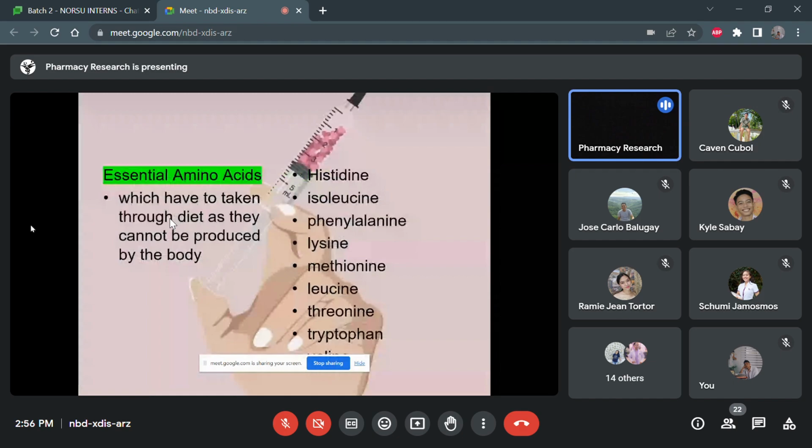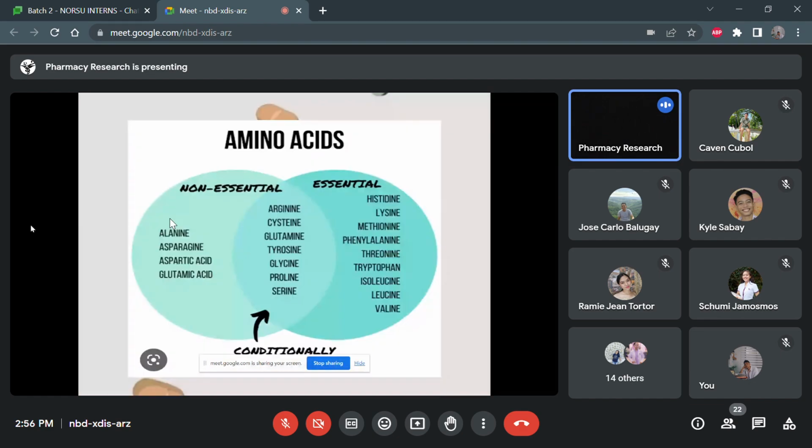Maghinay ra ko ha. Sa non-essential amino acid, ang mnemonics dapat makabalo kamo aning mnemonics guys. Kaning non-essential and essential kay gamit man gyud pud kay ni siya. So ang non-essential mnemonics is almost all girls go crazy after getting taken from PROM shopping. So i-capitalize siya ng tanang start niya nga almost all girls guys.